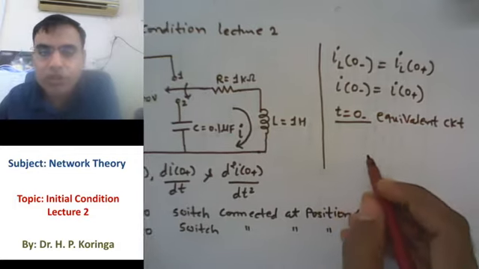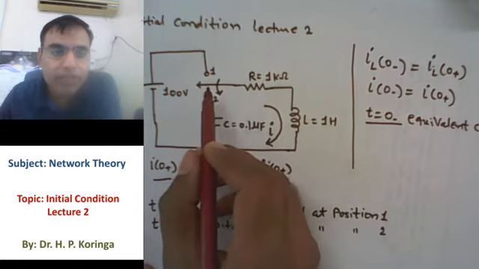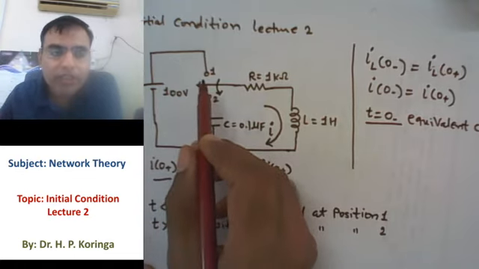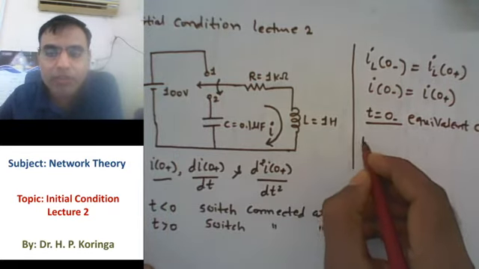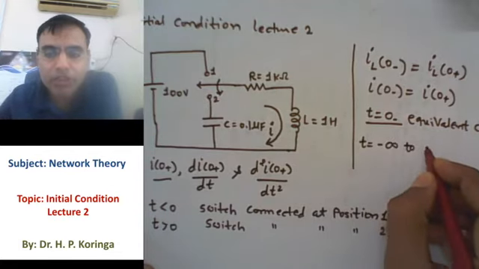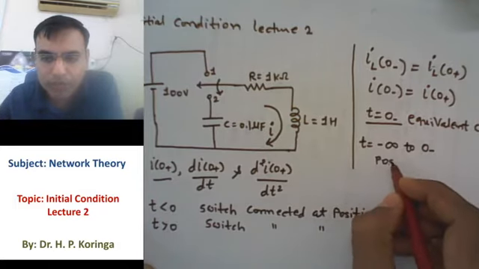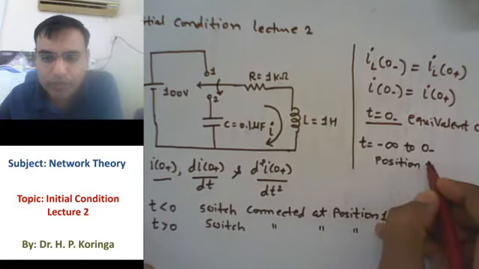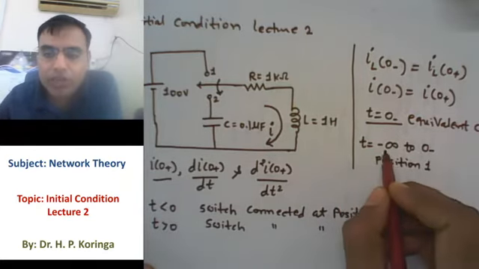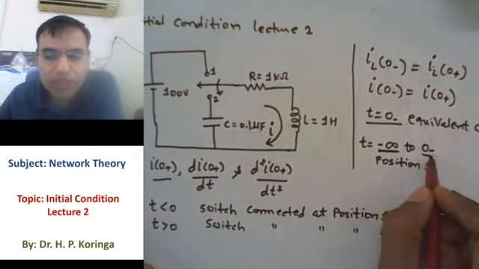At t equal to 0 minus, the switch is connected at position 1, since t equal to minus infinity.